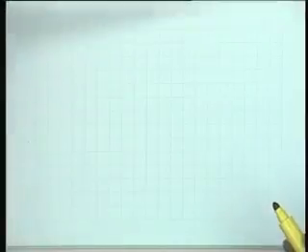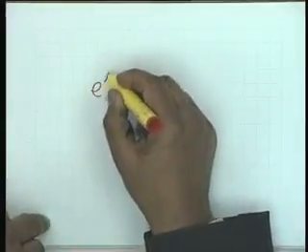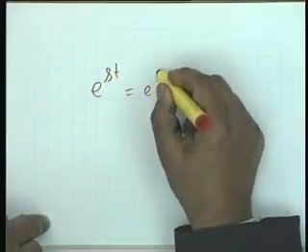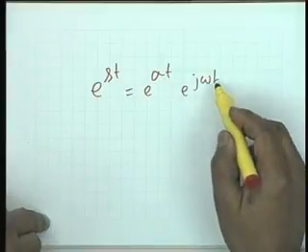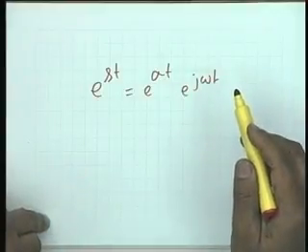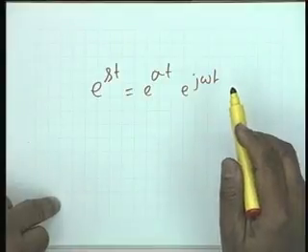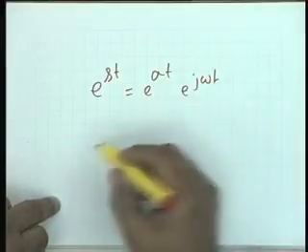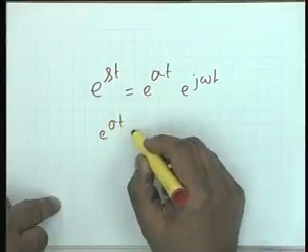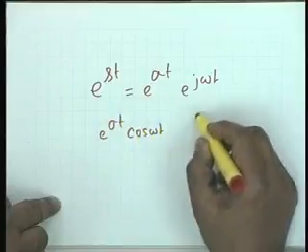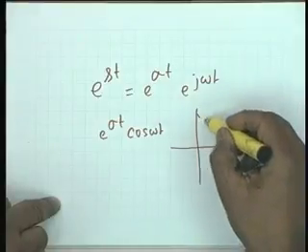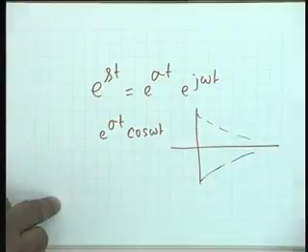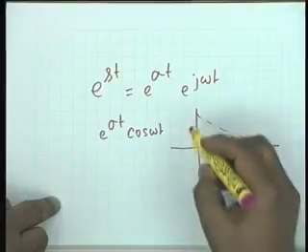For example, A e to the power st. Let us take this signal e to the st. This is e to the sigma t times e to the j omega t, and as you know, e to the j omega t by Euler's theorem is cosine omega t plus j sine omega t, and if we plot, let us say, the real part e to the sigma t cosine omega t, it would be a signal like this.